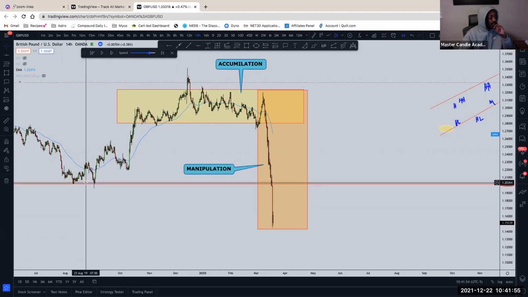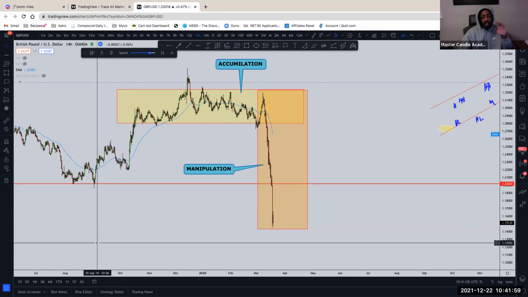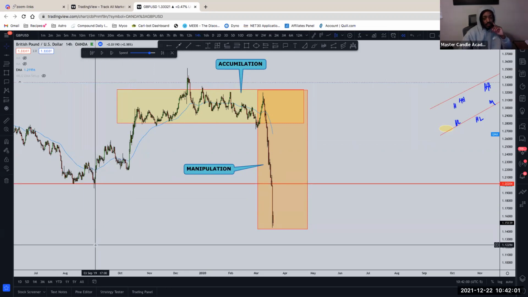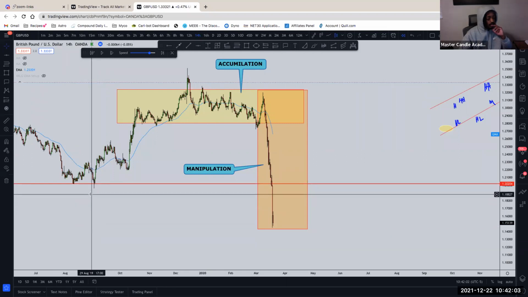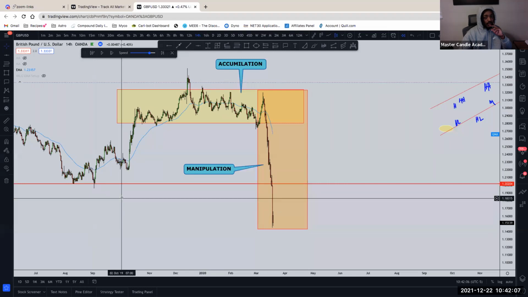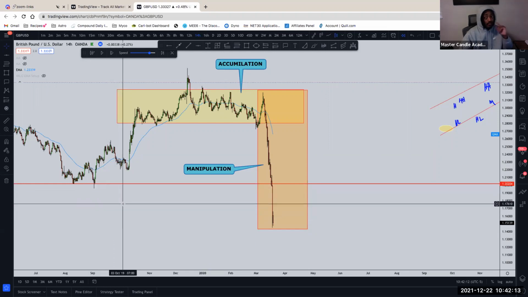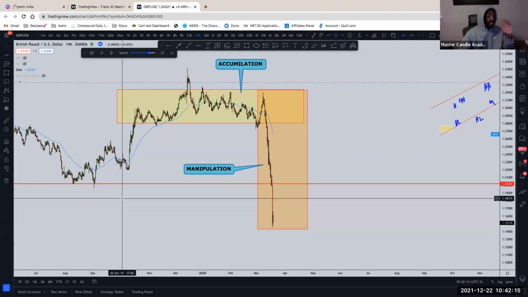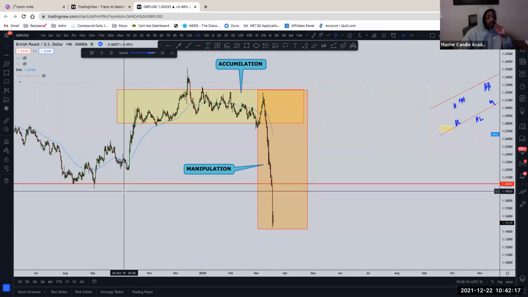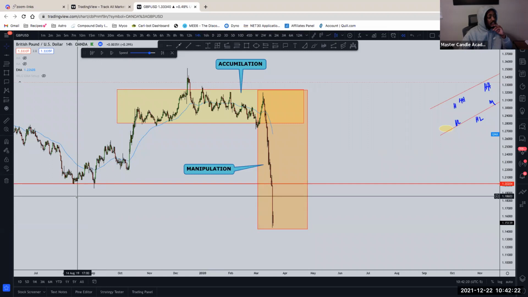If I bought the market here, what would be anywhere below in this zone? Does anybody know? All right, a stop loss. Stop losses. Take profits. Buy stops. I'm sorry, sell stops. Buy limits. All of that lies below the market.